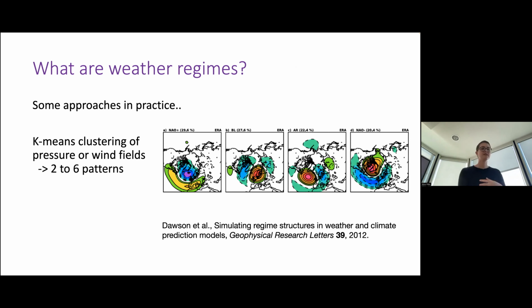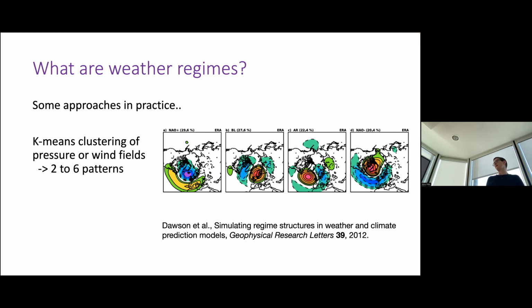This is just one example of an approach. One would use some clustering techniques, like K-means clustering. And in the literature, there are anything from 2 to 6 pronounced patterns of the atmospheric pressure.